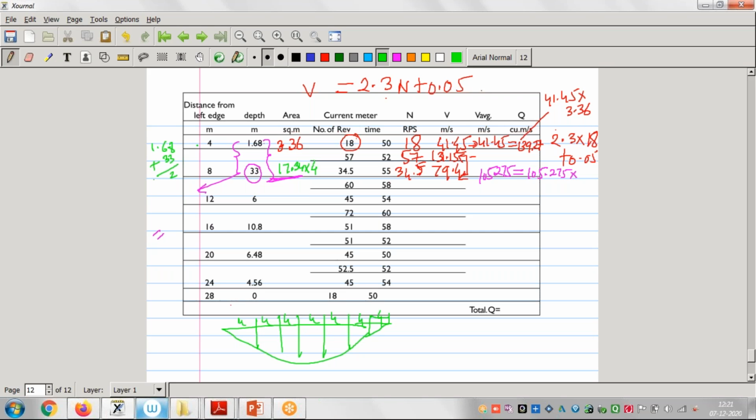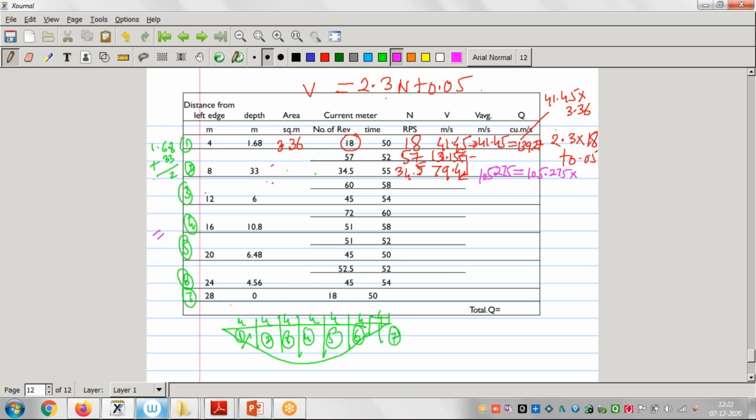The total is 7 areas: first, second, third, fourth, fifth, sixth, and the last one is the seventh. So can you tell me the area? 17.34 multiplied by 4 is 69.36. All of you getting the same answer?